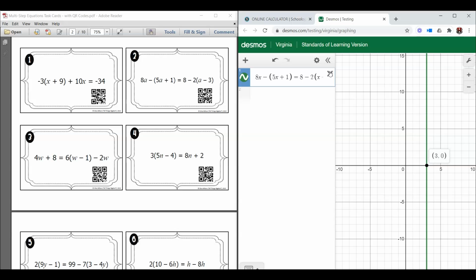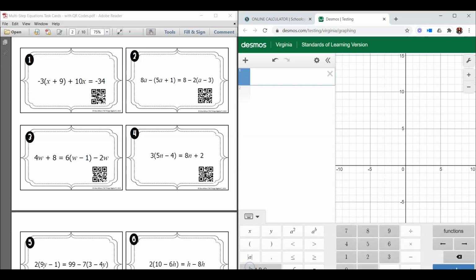All right, let's do maybe one more here. Let's do this number 4. Now notice it uses the variable n, but when I type this into the calculator, I'm going to use an x. Always use x. So I'm going to do 3 parentheses, and then I'm going to do 5x minus 4.